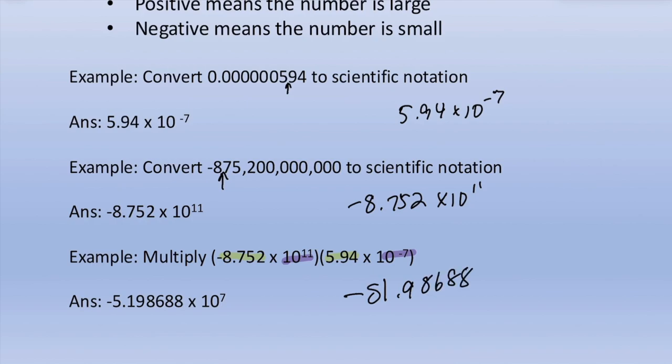Okay. And then our tens. 10 to the 11th times 10 to the -7. We add those exponents. We're going to get a 10 to the 4th, I believe. Let me just check real quick. 11 minus 7 is indeed 4. Okay.